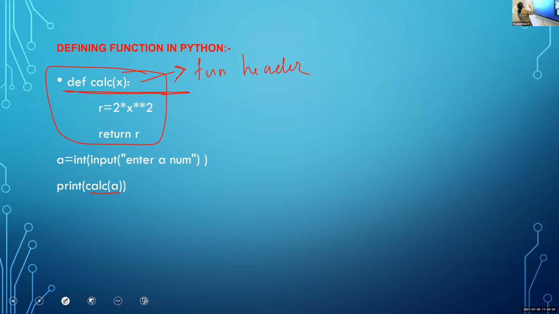Okay, then here we are using one keyword. And what is this, Diya? Calc. Calc is the function name. And what is this? X, Aryan? What is the name of this X? It's a variable, but when we use it inside a function, what is the name of that variable?